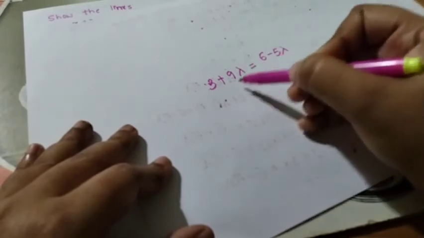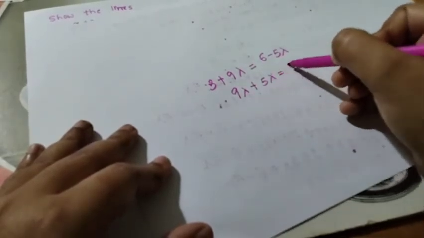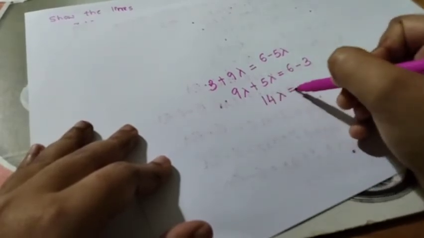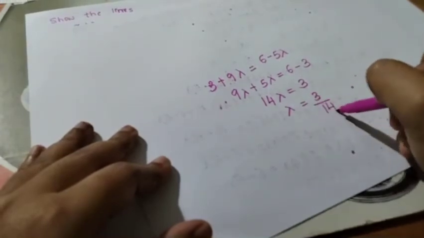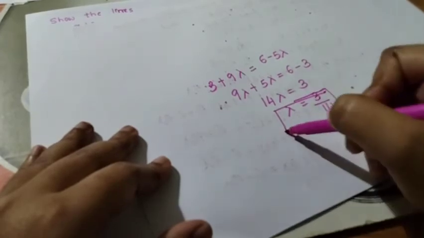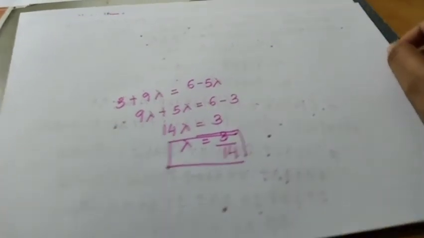Okay, shift this side: 9 lambda plus 5 times lambda is equal to 6 minus 3. So you get 14 times lambda is equal to 3. So lambda is equal to 3 by 14. So you get the value of lambda as 3 by 14.